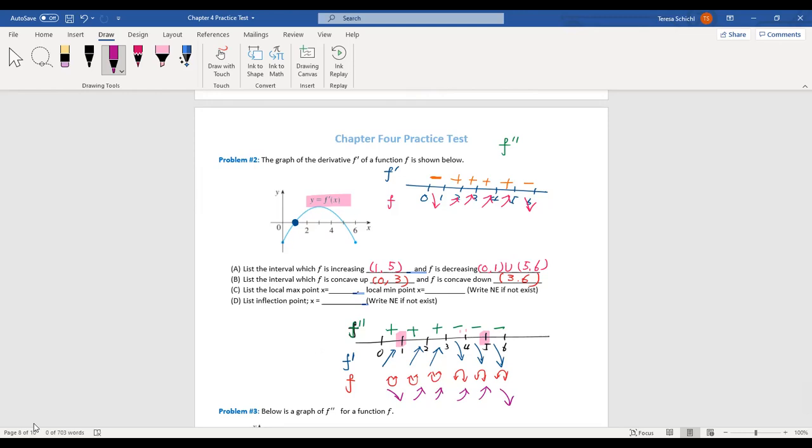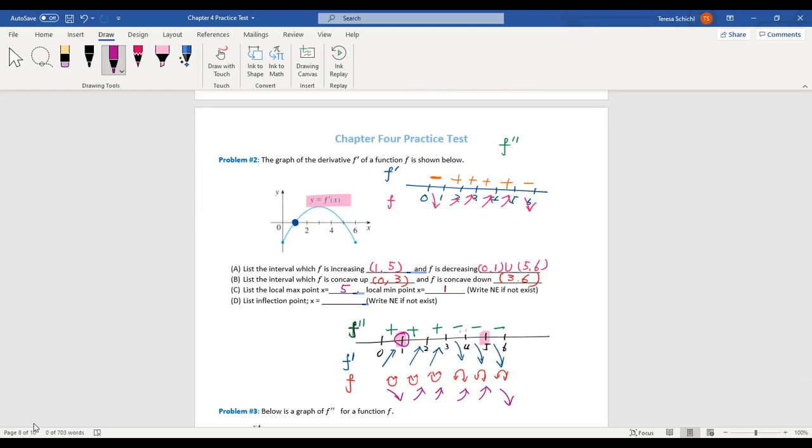So f is decreasing, increasing, increasing, increasing, increasing, decreasing. So where is my local min? The local max is at x equal to 5. The local min is at 1, that's right.